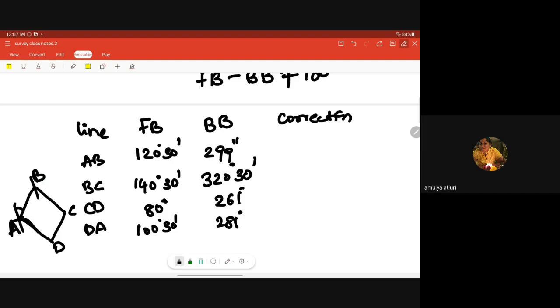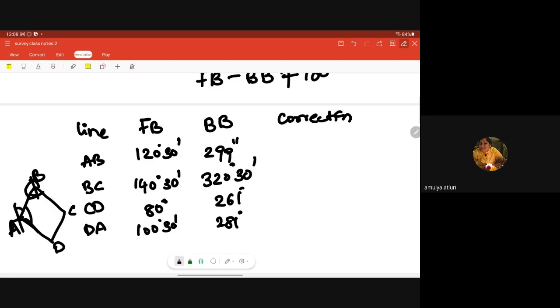So we will check back bearing minus forebearing, or forebearing minus back bearing.